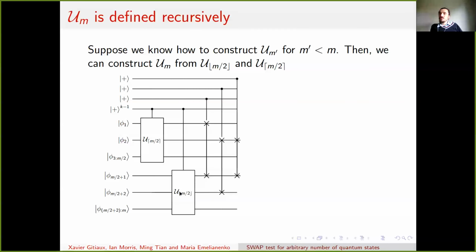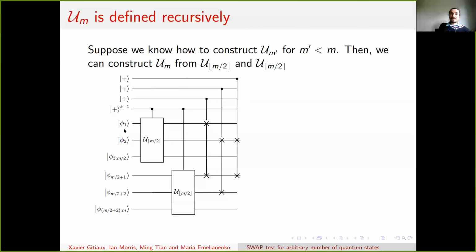Then you apply U for the ceiling of M over 2 for the remaining vectors. Note that they can share the same ancillas. And then you only have to add 3 control swap gates, and that will get you a circuit such that all pairs appear in the top 2 wires, the ones where phi 1 and phi 2 were used as input originally. So it's a recursive approach.